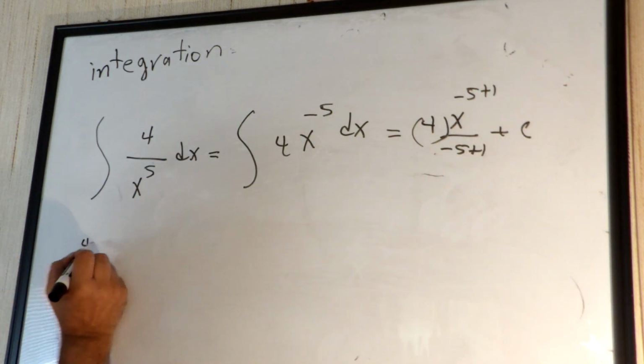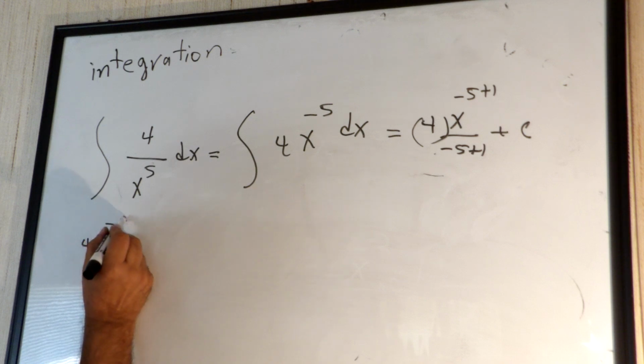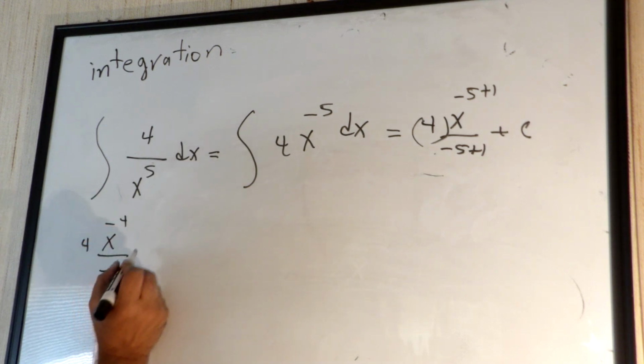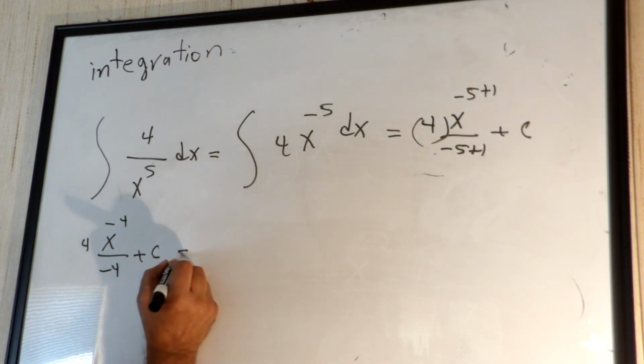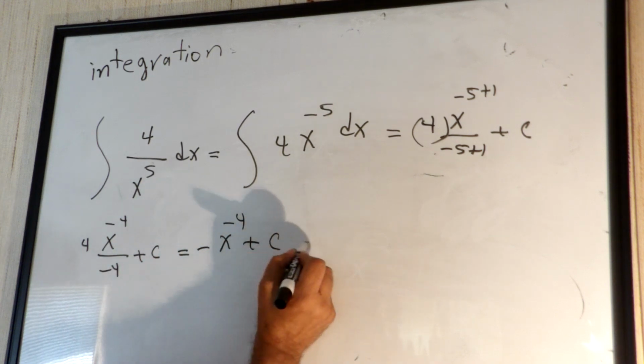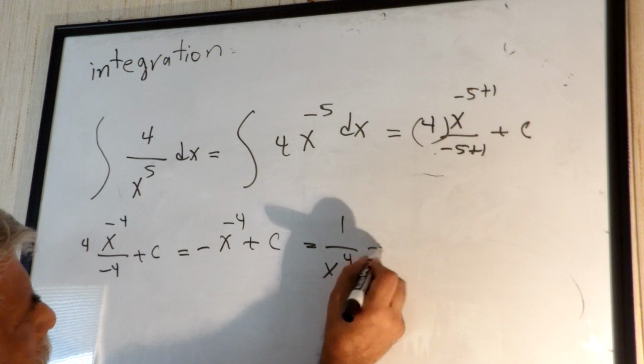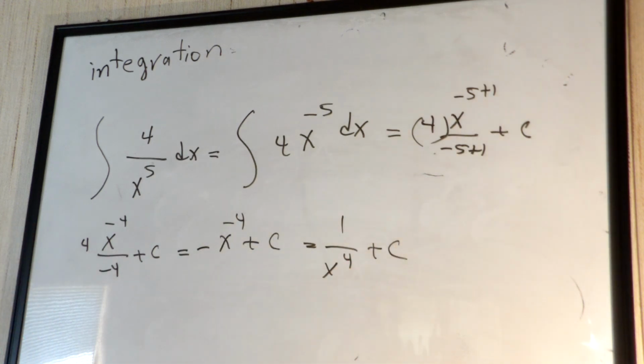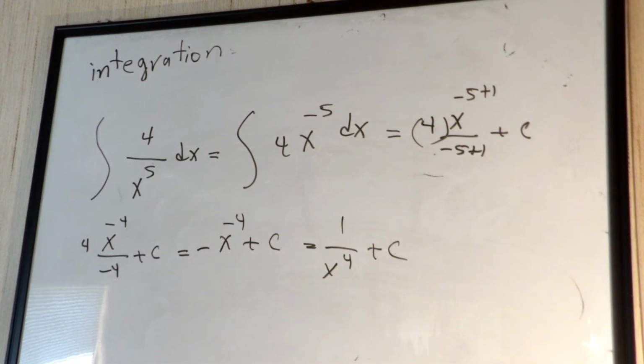So it's going to be 4x to the power of minus 4 divided by minus 4 plus c, which is minus x to the power of minus 4 plus c, which is 1 over x to the power of 4 plus c. That's going to be the answer.